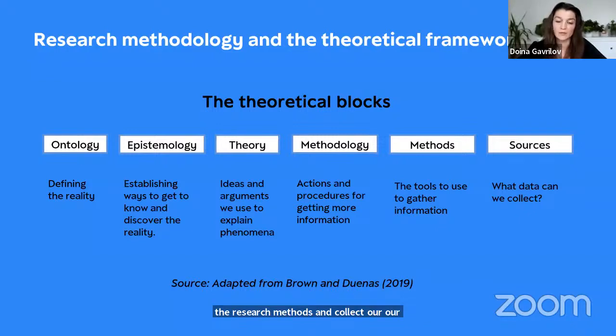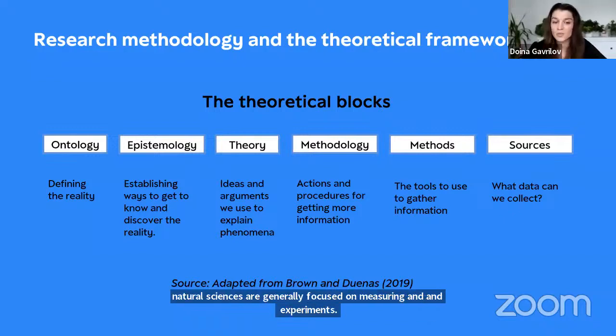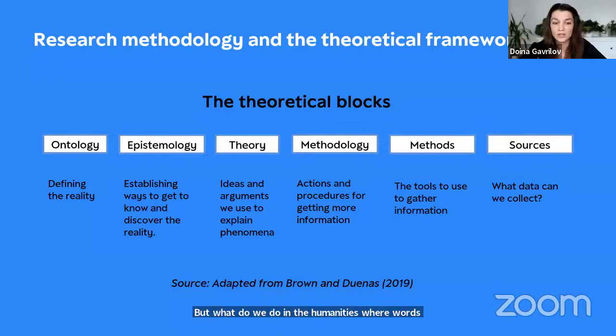But for example, in the natural sciences, it may be natural and intuitive to go along with this type of research, because natural sciences are generally focused on measuring and experiments. But what do we do in the humanities, where words matter, where we interpret things?